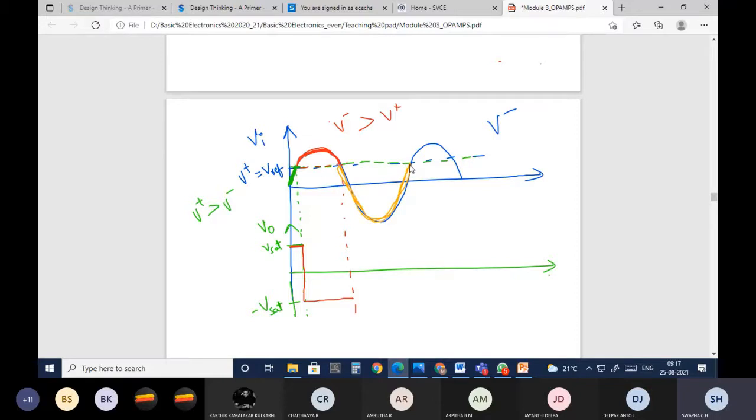This is the input waveform which is given to V minus, and this is the reference voltage V plus. Now tell me, is V minus greater than V plus or less than V plus? This is the V plus waveform, given to the non-inverting terminal, and this input waveform is V minus.